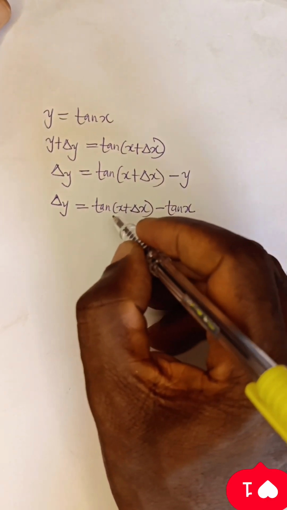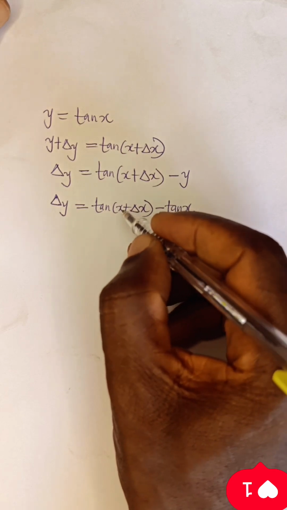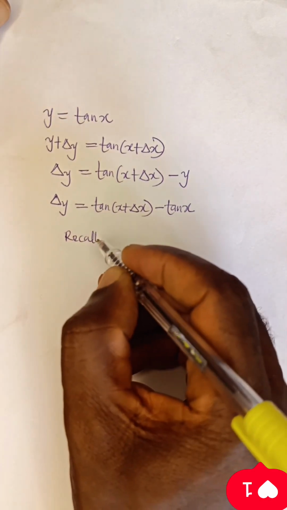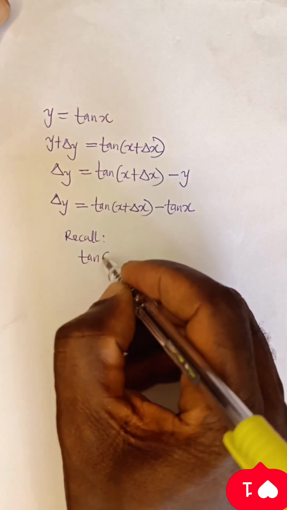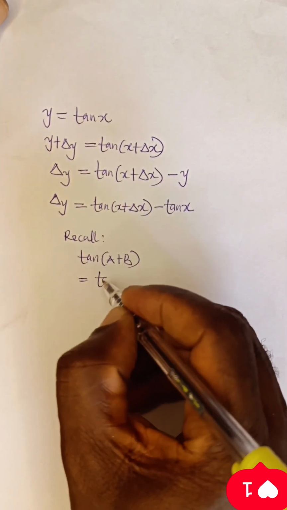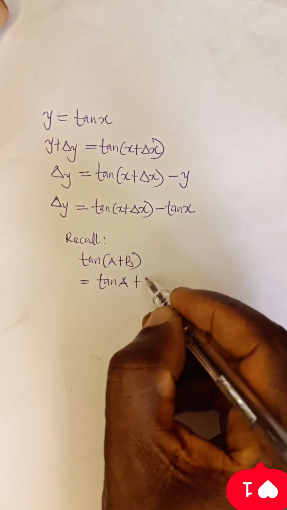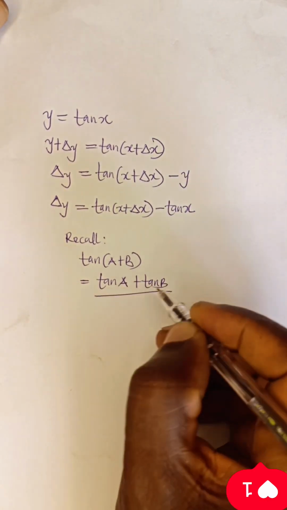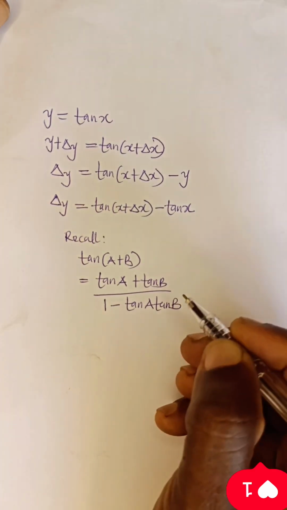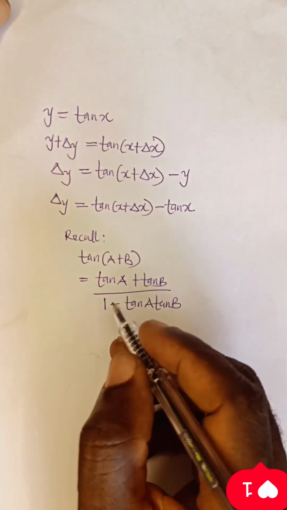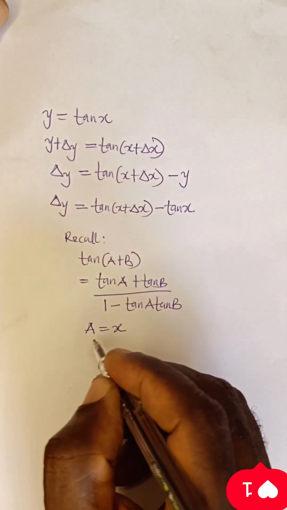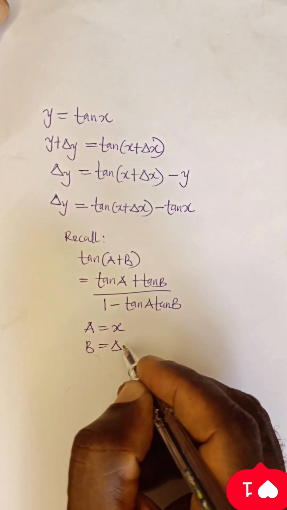Now we need to expand this one using the tan addition identity. Let's recall: tan(a + b) is equal to (tan a plus tan b) over (1 minus tan a tan b). So from here, in tan(x + change in x), our a is equal to x and our b is equal to change in x.